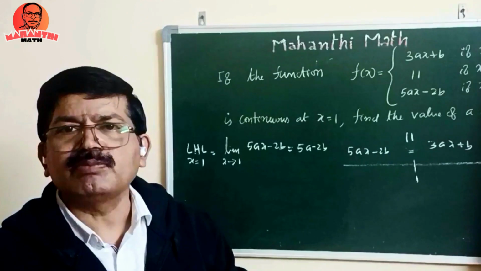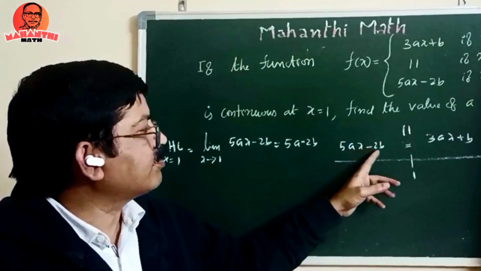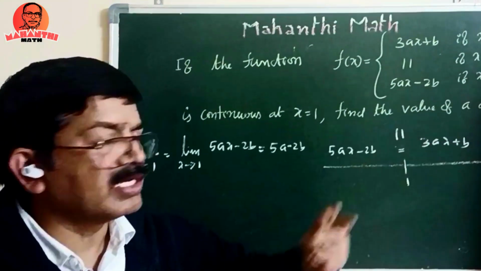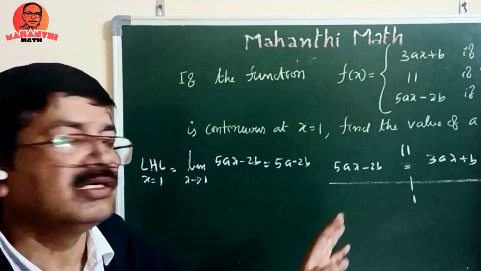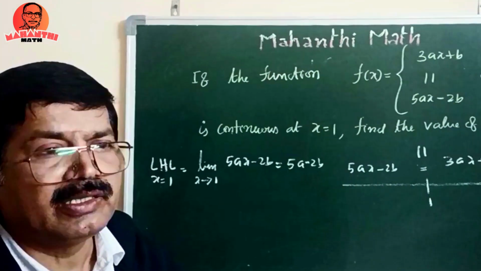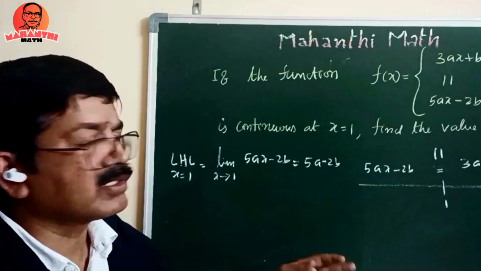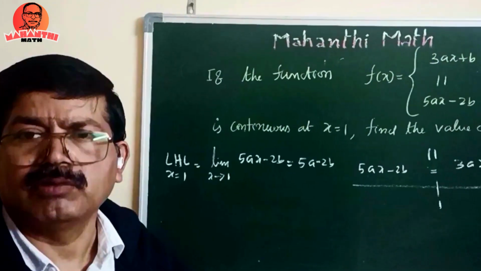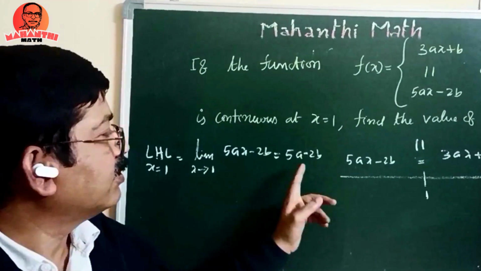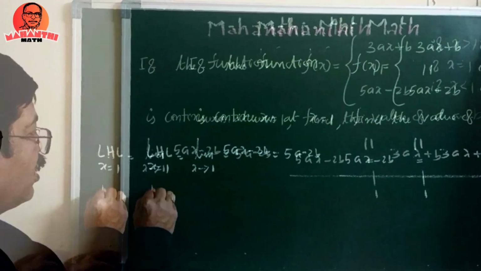So they remembered something. LHL means 5ax minus 2b, RHL means 3ax plus b. They are not substituting x equal to 1. Then they won't get the marks. And later they will get confused also about how to remove that x. Only a and b values we have to find. So here 5a minus 2b.